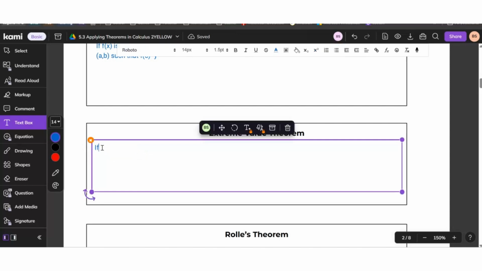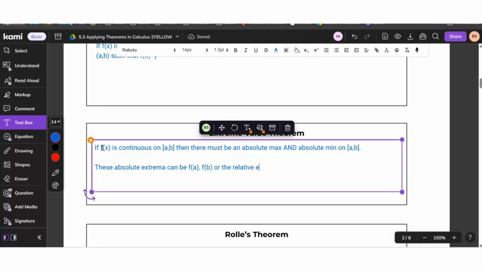If f of x is continuous on AB, then there must be an absolute max and absolute min, because there has to be both on AB. The important part is these absolute extrema can be at f of A, f of B, or the relative extrema. In other words, it can be the endpoints or the relative min-max.